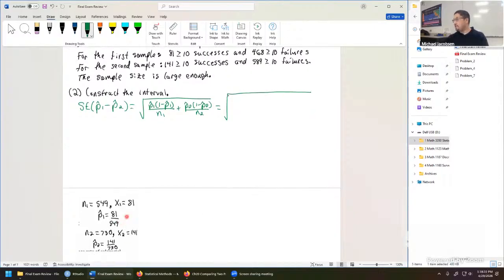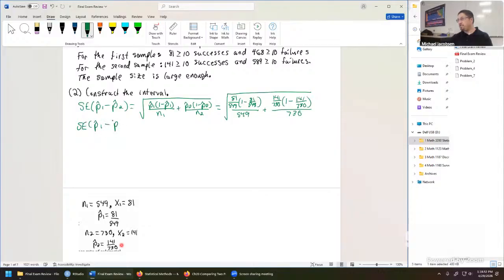Cite the statistics, put in 81/549 times (1 minus 81/549), over sample size 549, plus, and then do it all over again for the second statistic, 141/730 times (1 minus 141/730), divide by 730. So this is pretty much the major part of constructing this confidence interval, running through the standard error.